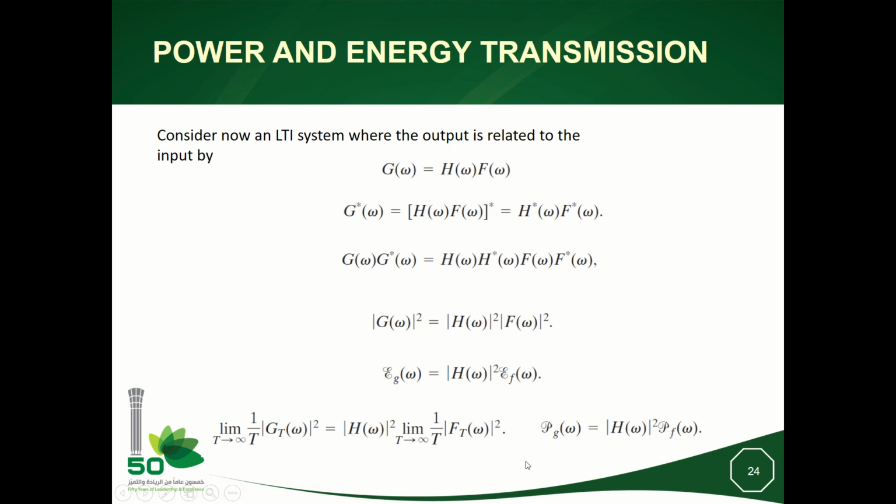As a result, we will have the power density P_g(ω) to be |H(ω)| magnitude squared times P_f(ω). So here we have two interesting relationships, one for the energy and one for the power. Okay, it means if I know the Fourier transform of the LTI system, I can calculate the energy density and the power density from this information.